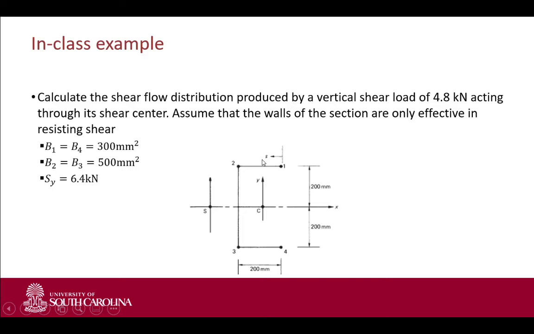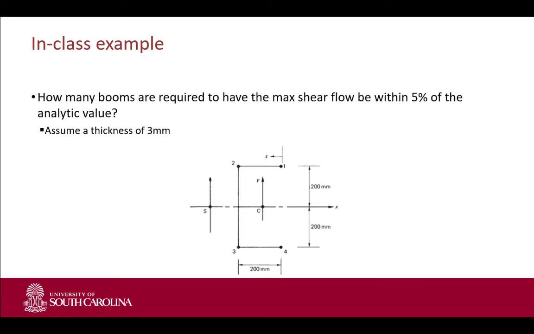So this was our previous example we did quickly on the whiteboard. You could redo the same problem using a normal shear flow approach, where we assume a thickness, and then you can calculate how many booms you need in order to get within 3% of the maximum shear flow.